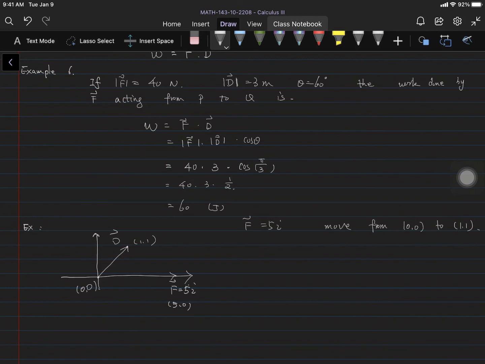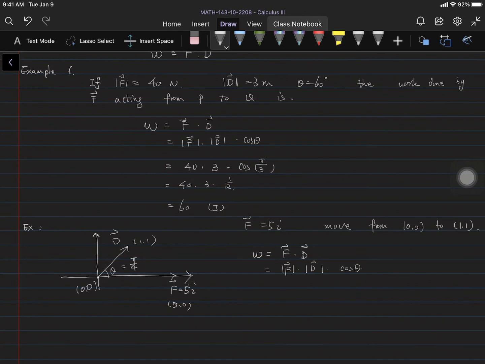So let's take a look. If we have the graph, there are several ways to do this. I'm going to show you the way I like. From 0, 0, firstly, we can see what the angle is. It should be easy to tell it's pi over 4, right? That's the angle. So the work just equals F dot D, and then we use the length of F, the length of D, and cosine theta.